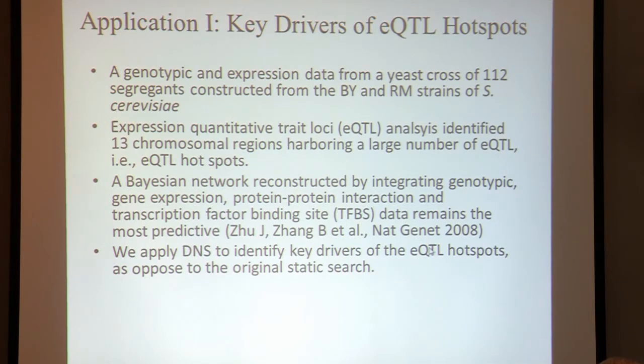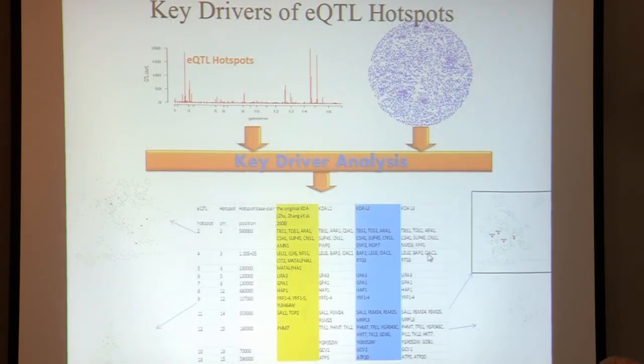The input for this key driver analysis is the list of genes underlying each of the 13 eQTL hotspots. This is the eQTL hotspot plot, and the y-axis shows the number of gene expressions associated with a particular locus.